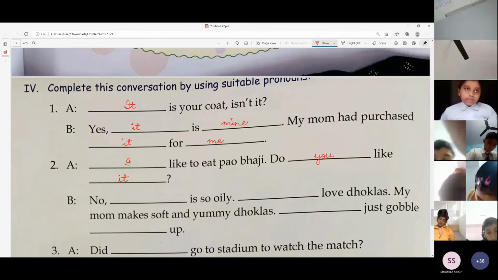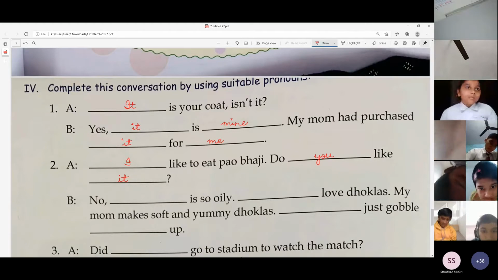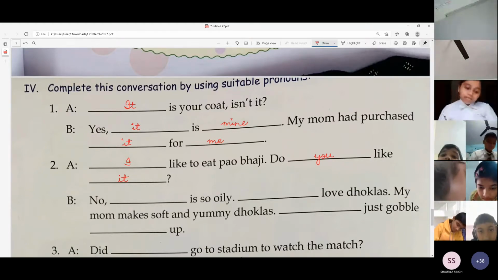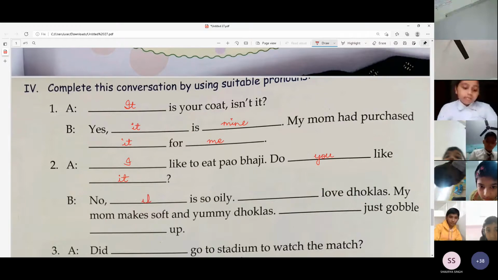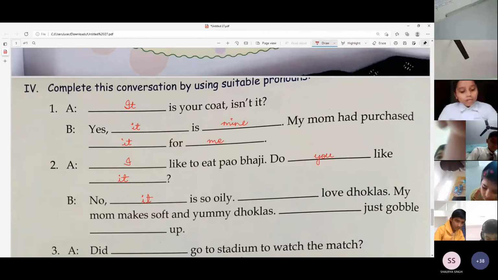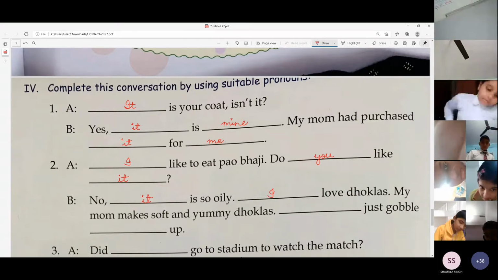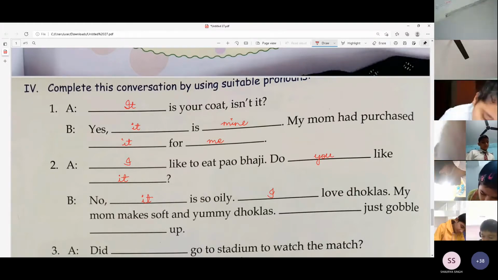Okay. I like to eat pav bhaji. Do you like it? So the reply is no, it is so oily. I love dhoklas. My mom makes soft and yummy dhoklas.